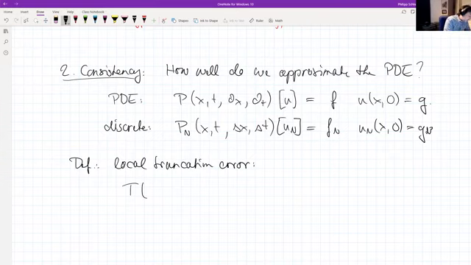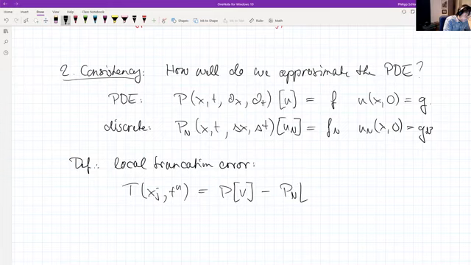I call it T, and it's local because it's a function of xj and tn. And that is essentially P applied to some function minus Pn at vn, evaluated, of course, at this position, xj and tn. So this is my truncation error. It's just P minus Pn, essentially.